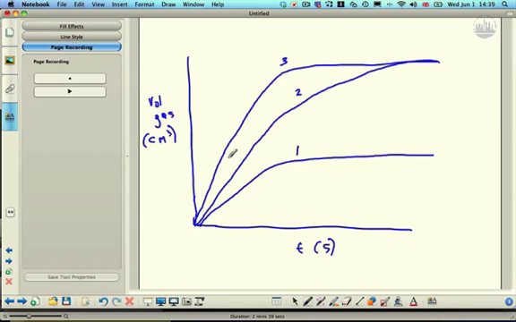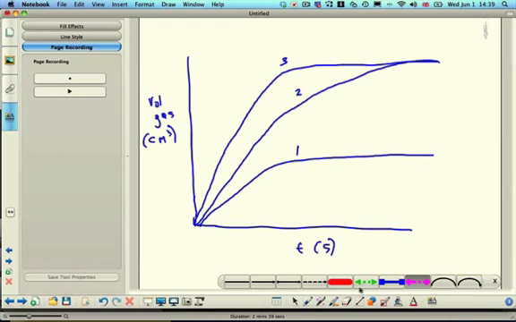So ask yourself, where is the graph fast? Where is the rate fastest? Okay, where is the rate fastest? Now, I'm hoping you said here, because this is where the initial rate is fastest, because the gradient is quicker.